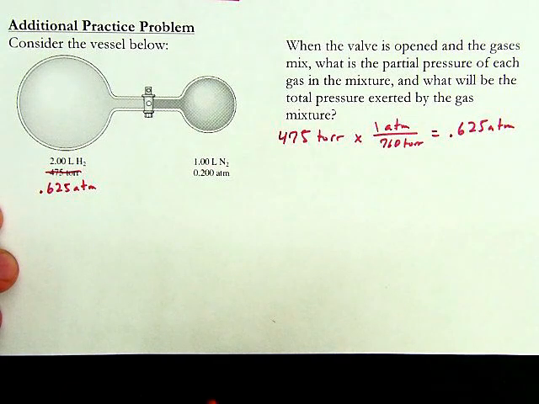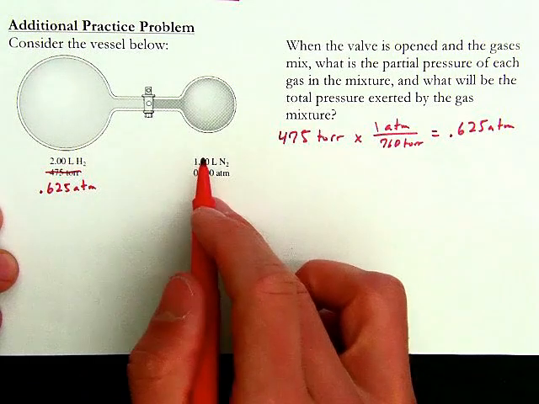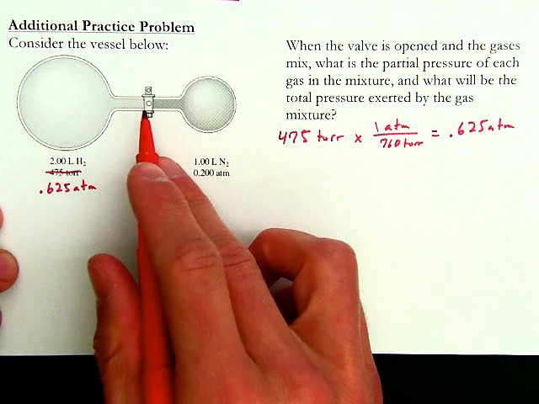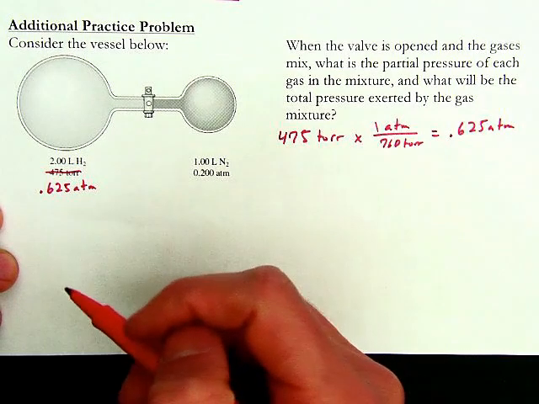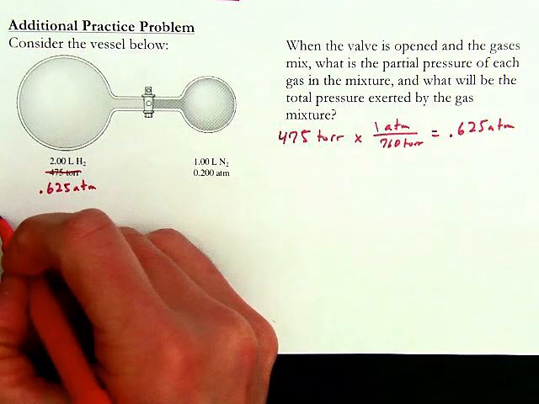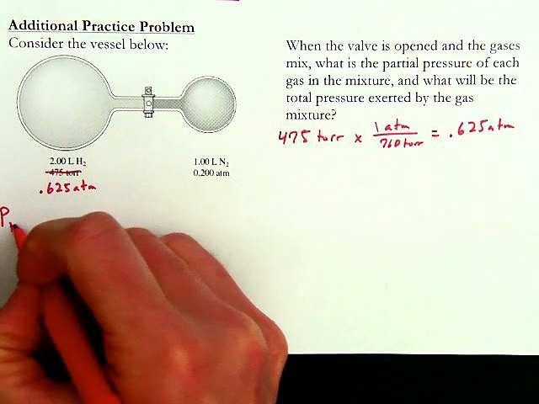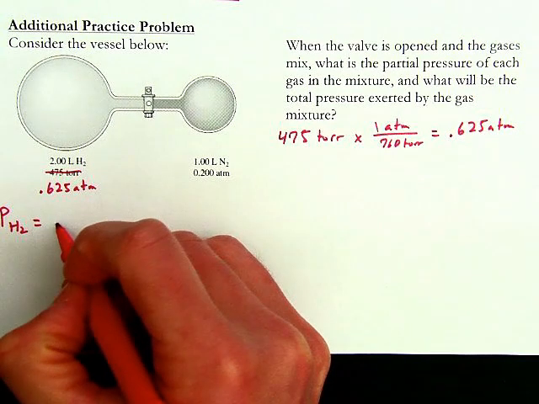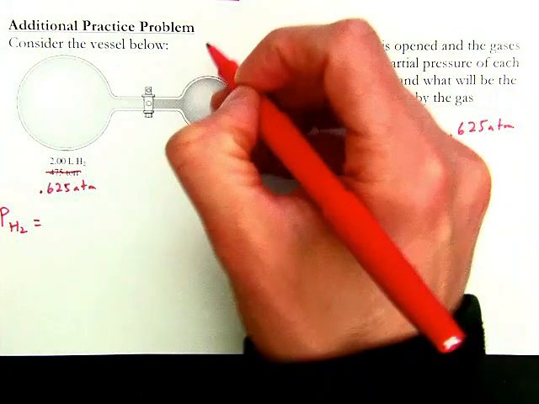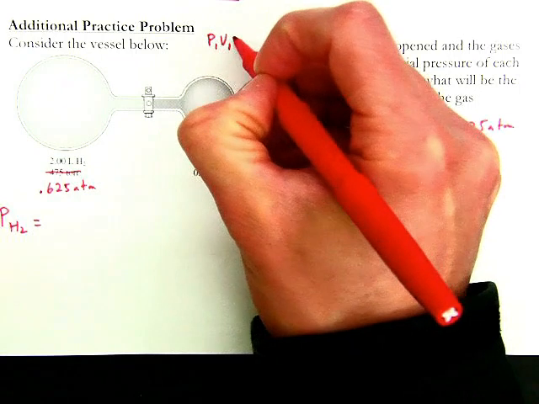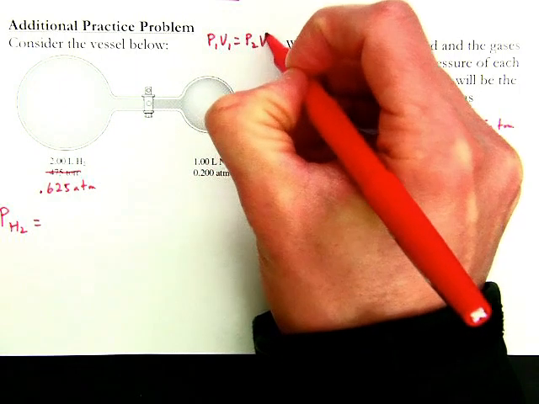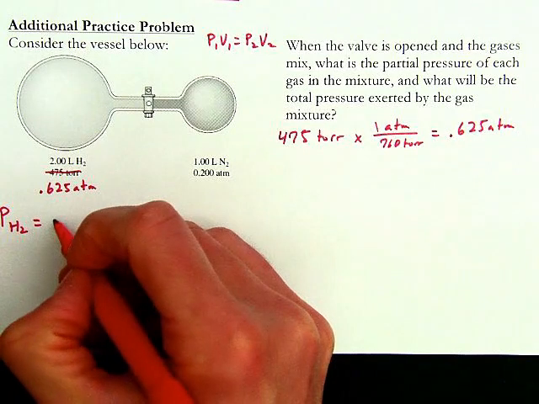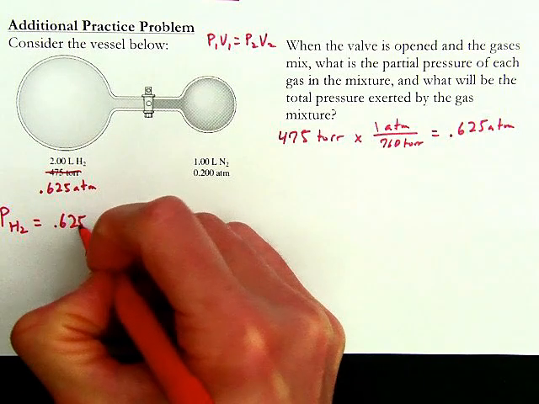So we know the starting pressure and volume of each of them. To find the partial pressure of each gas when the valve is opened, it is, again, just like a Boyle's Law problem. So if I want to know the partial pressure of hydrogen, it's going to be P1 V1, right? I'll just jot this here. P1 V1 equals P2 V2. So the pressure of hydrogen is 0.625 ATM.